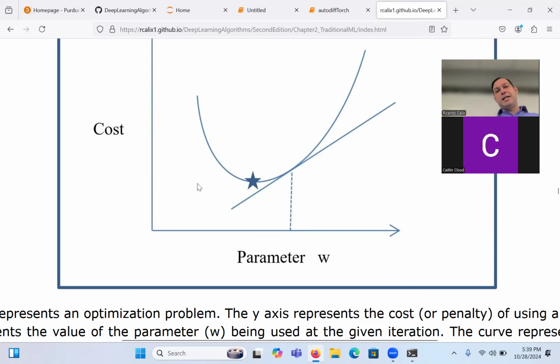Imagine, for instance, that at this star, the line that I drew here was parallel to this axis. Then you could say that the value of that line is 0. And if the value of that line is 0, and you're also at the star already, what should you do? Should you go to the left or the right? Or stay there?